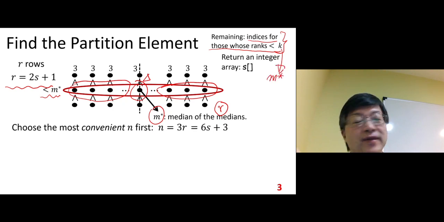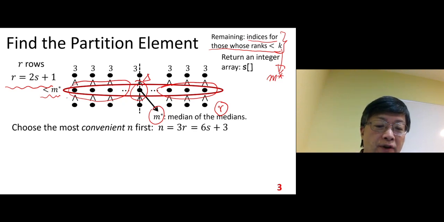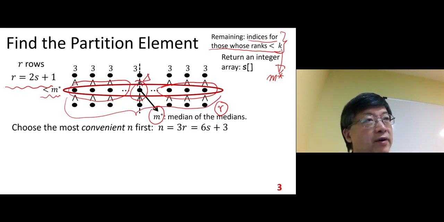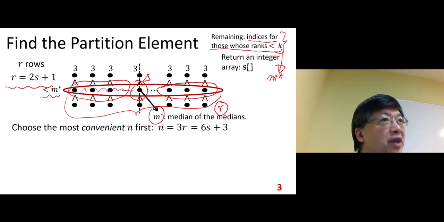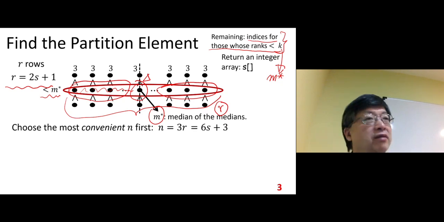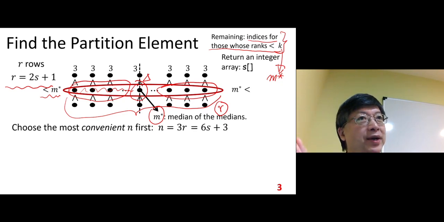We know all the indices for this array, the current array, whose ranks are less than M star. So that means we can select these elements and put them to the left-hand side of M star, and so on. So that's why in our design, some small treatment is very important.